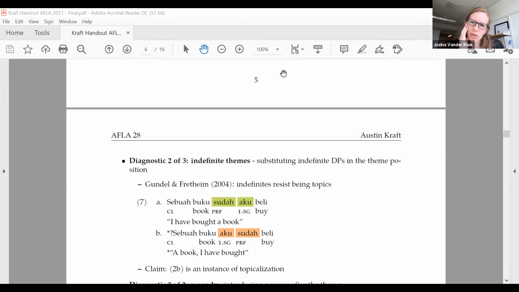Because Sumarmo 1970 in his dissertation uses the feature specific or specificity as being the relevant feature instead of indefiniteness. And I think Bill Davies also mentions this, but I can't remember if it's for Javanese or for Indonesian.